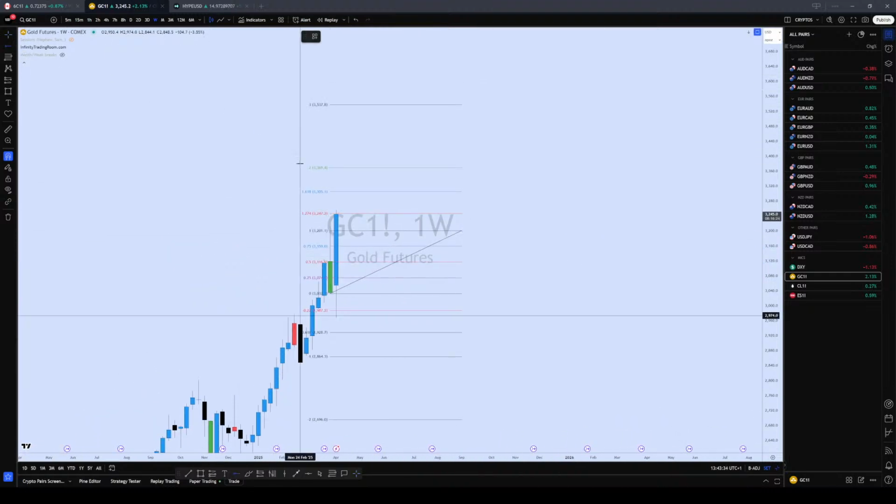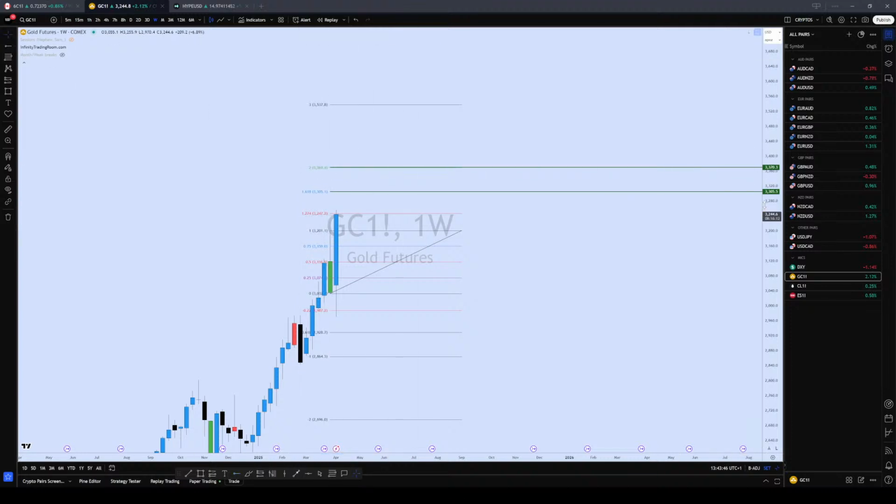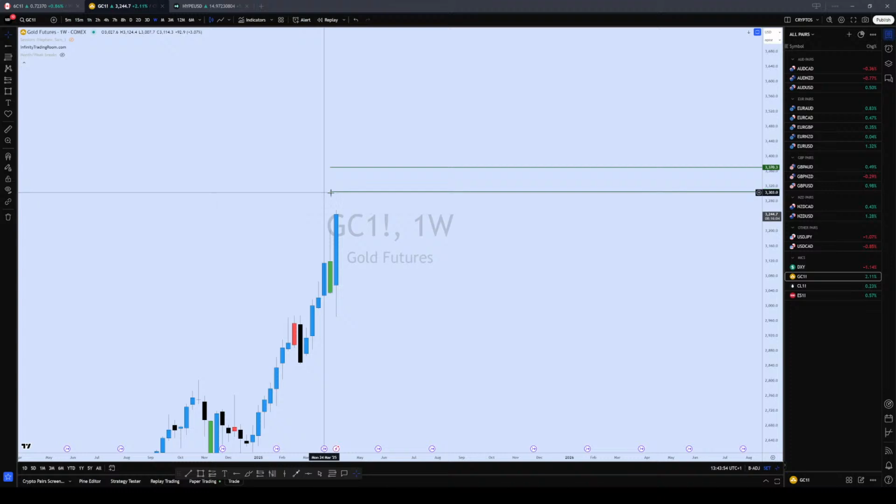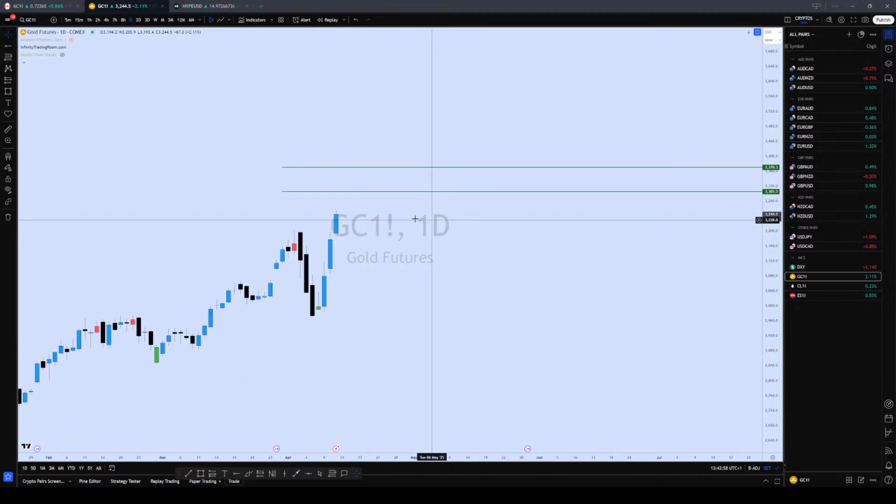So next week we might trade up to 3,305 and 3,370. That might be upside objectives for next week, especially the first one, 3,305. That is going to be your target.